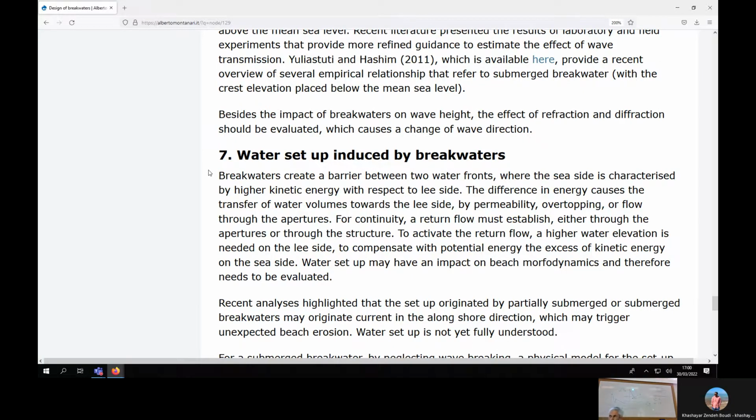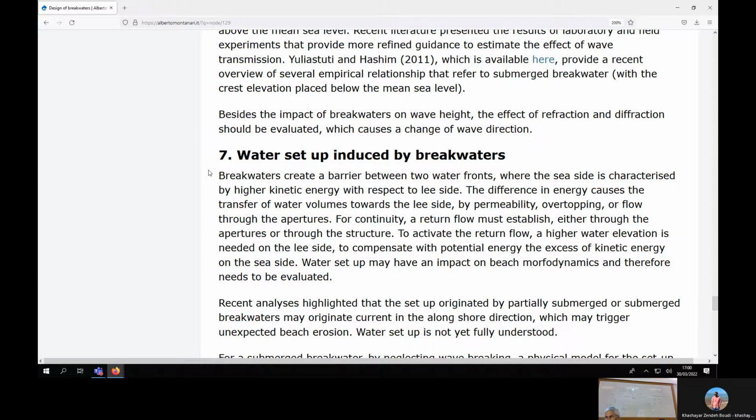And so the difference in energy causes the transfer of water volumes to the lee side. So if you have a huge difference in energy between the two sides, you may expect that on the lee side, the deficit of energy is compensated with some more potential energy.